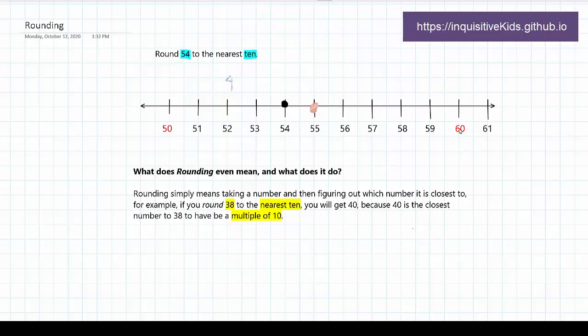What is the distance between 60 and 54? 54 and 60 have a difference of 6. And now, which difference is less? 4 is less than 6, which means 54 rounds down to 50.